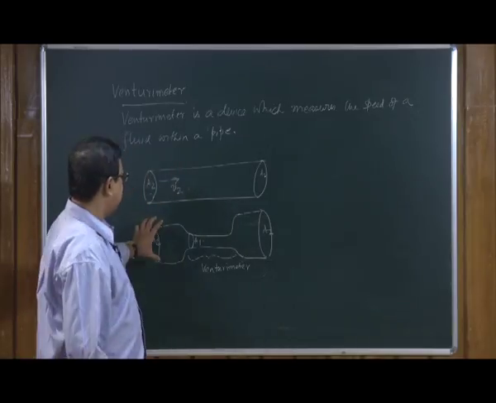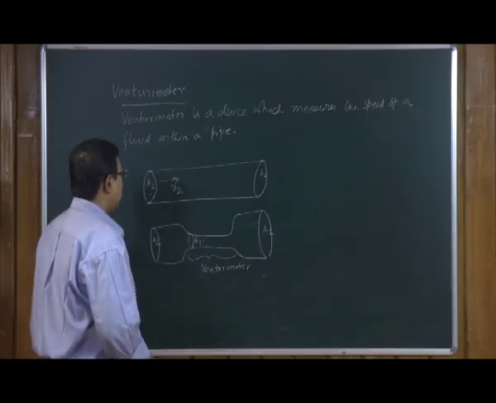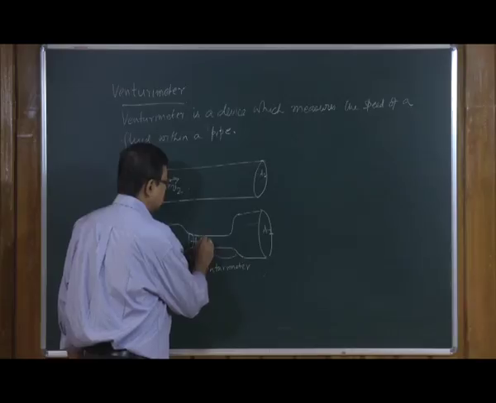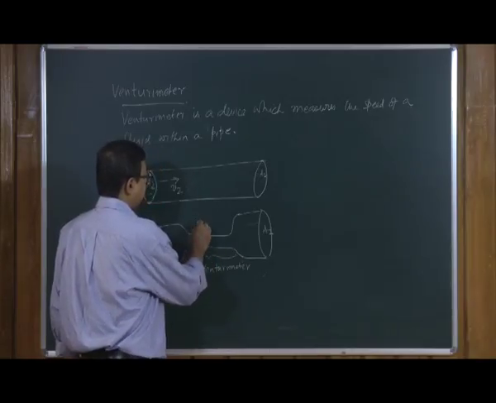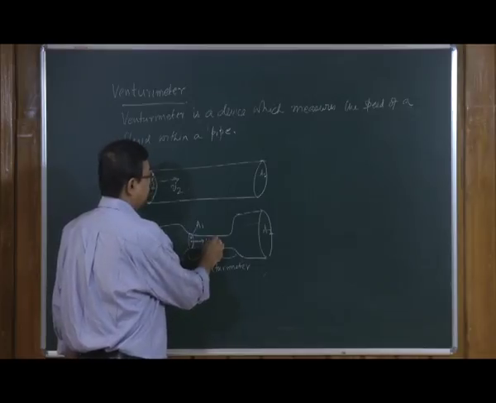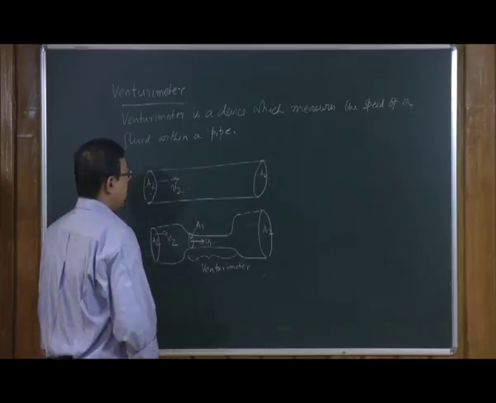This is introduced inside the pipe, and we need to know the flow of the liquid through this constricted part. So, this is A1 and this is V1, and again this is V2.